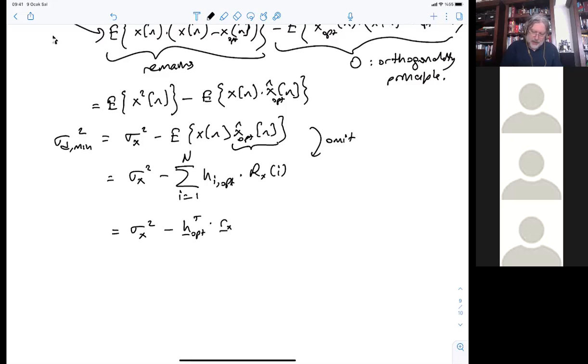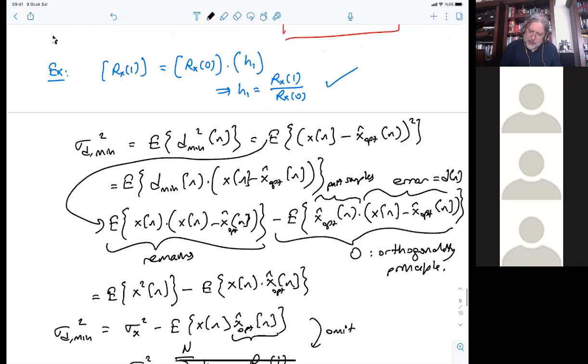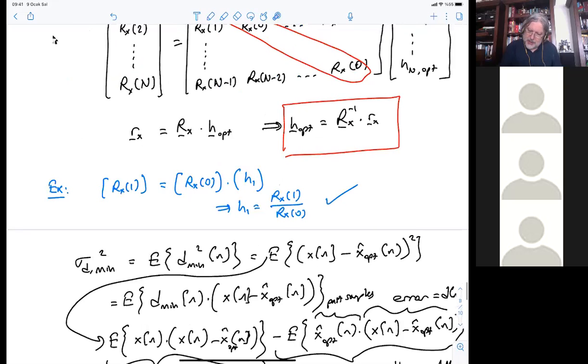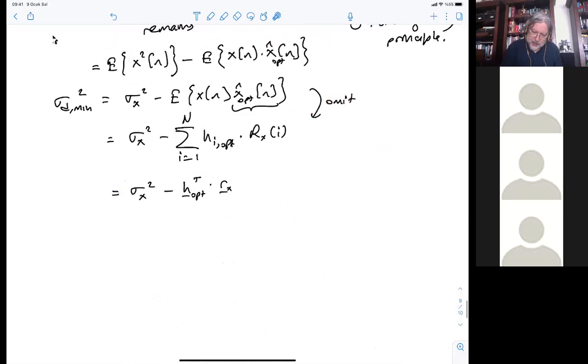And the h optimum, look at what it was. H optimum is Rx inverse times rx. So I will substitute that information in here. And finally, we come up with the result of sigma x squared minus rx transpose times capital Rx inverse times rx.